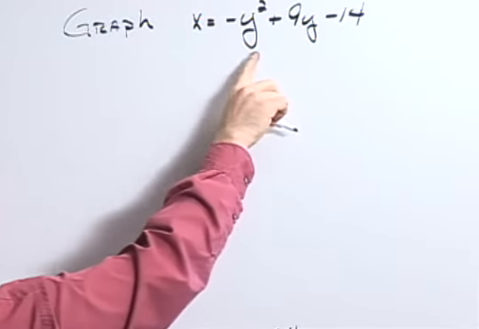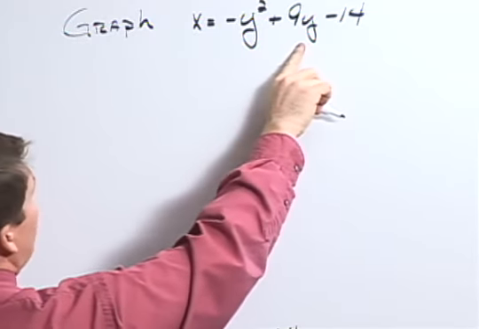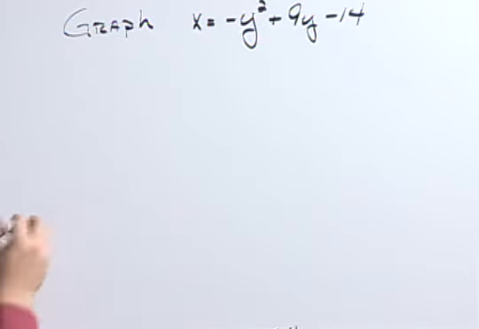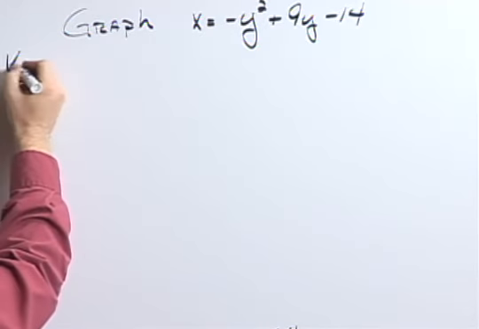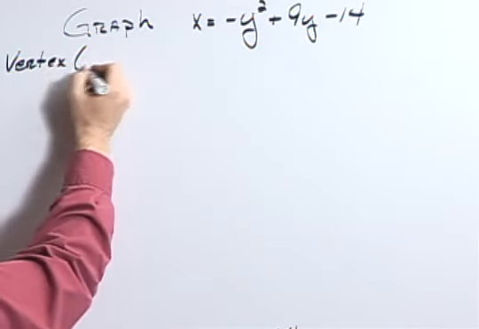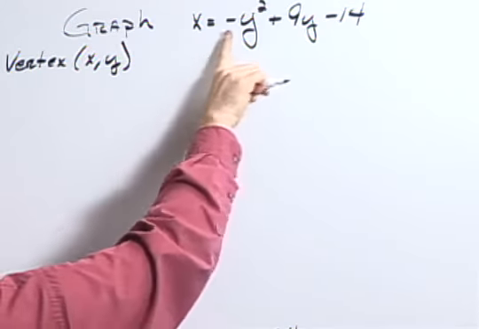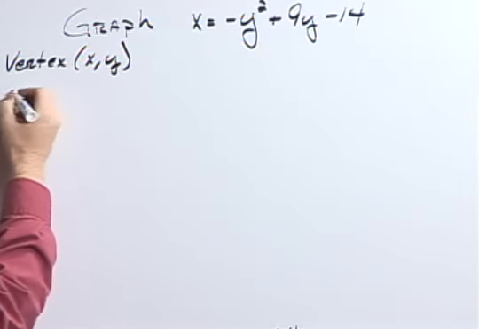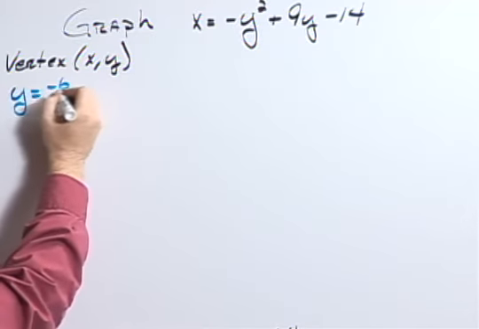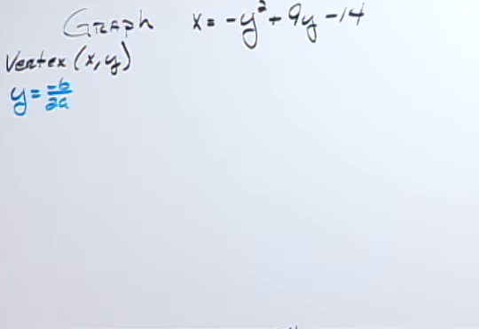Graph x equals negative y squared plus 9y minus 14. Let's start by finding our vertex, which will be (x, y). Since this is x equals all of this, we can start by letting y equal negative b over 2a.